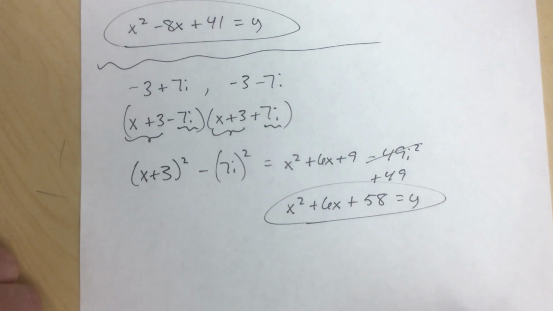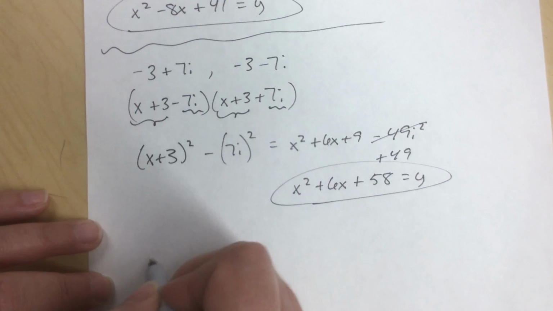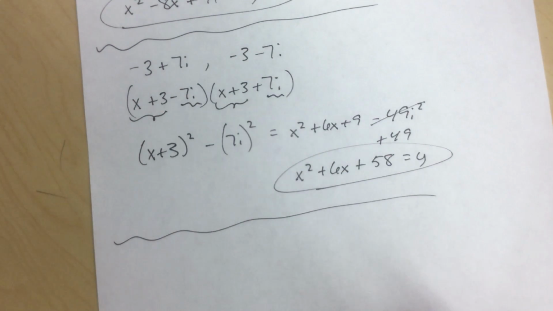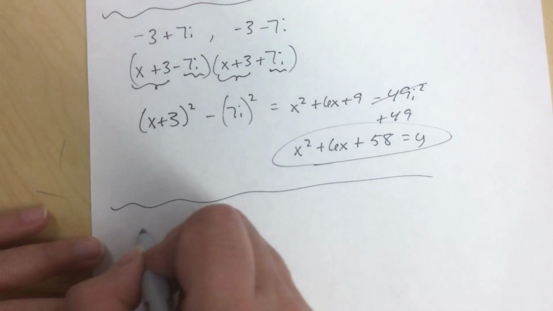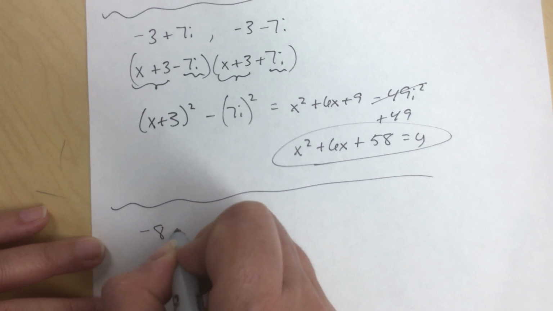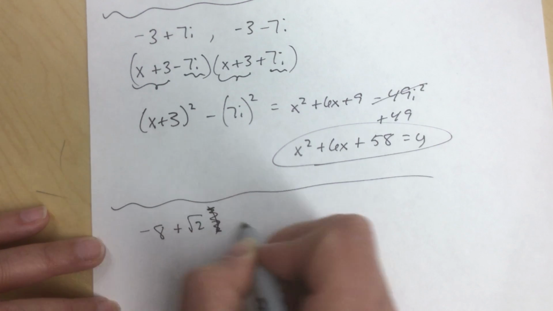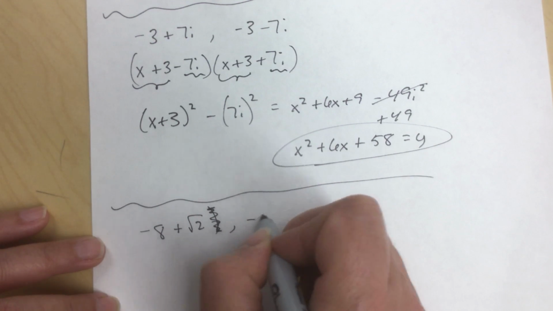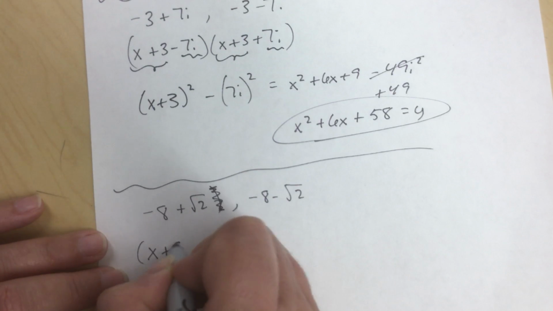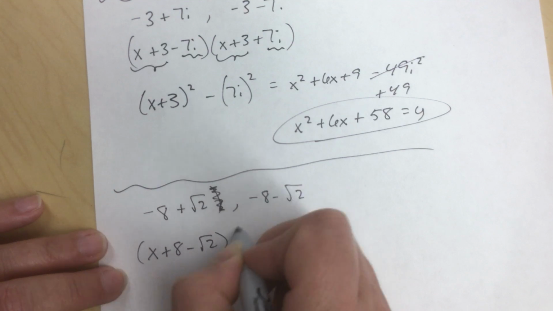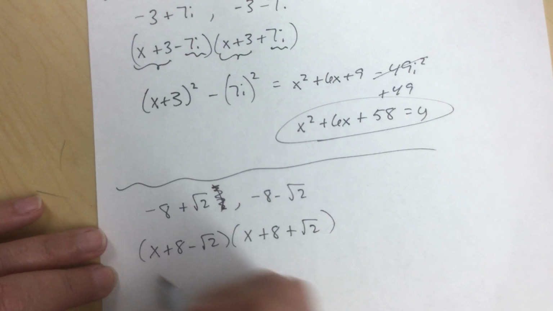It's my polynomial. Let's do one more with a radical in it. Go ahead and after I write the problem down, pause it and work it yourself and see if you can do it. So let's say I have negative 8 plus radical 2. So that means I also have negative 8 minus radical 2. So I have x plus 8 minus radical 2 times x plus 8 plus radical 2.